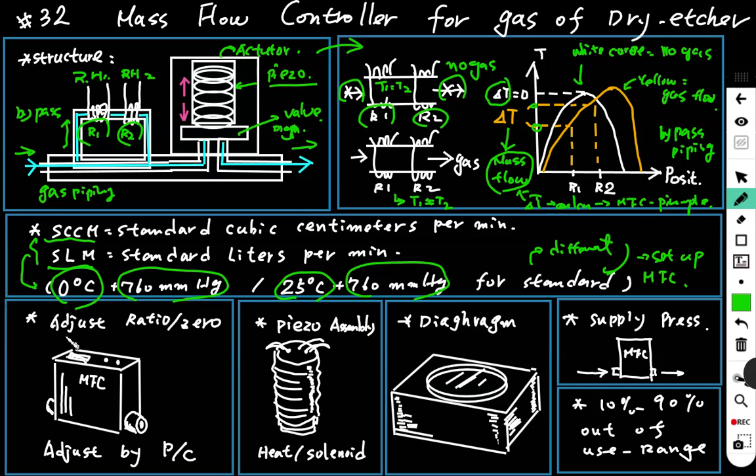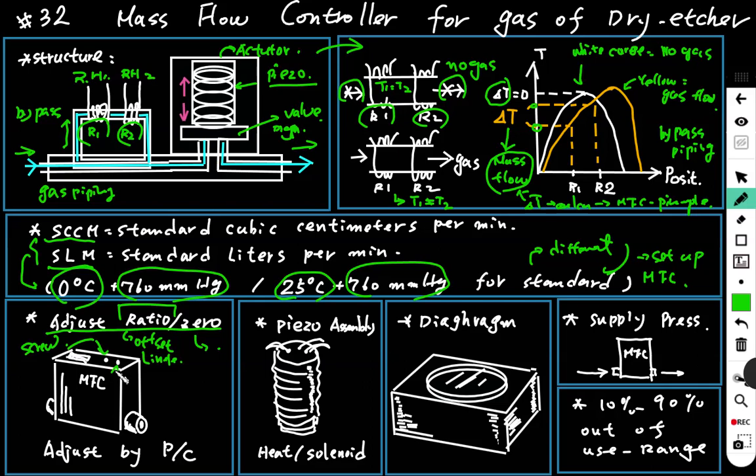If there is something wrong with the MFC, for example the showing MFC value is different from usual, we can check the MFC and adjust a little bit the ratio, or we can call it offset, linear, or the 0 point, by adjusting the screw.